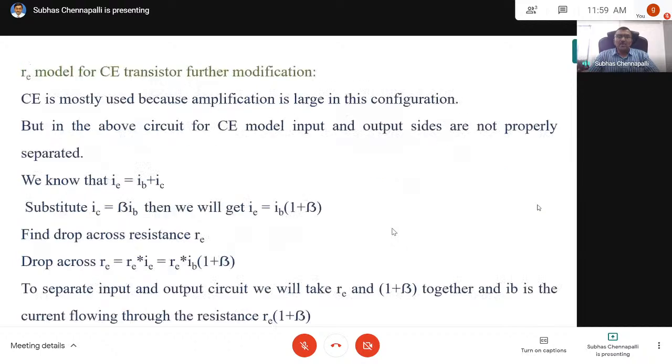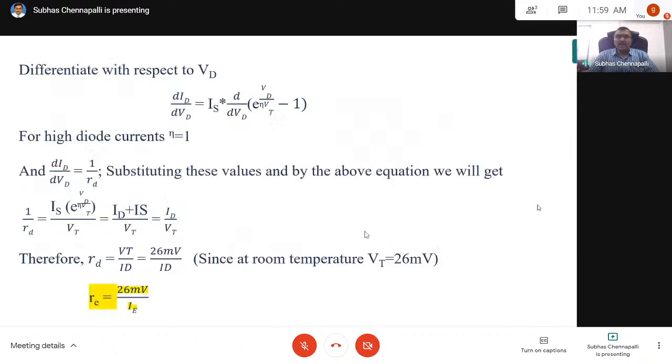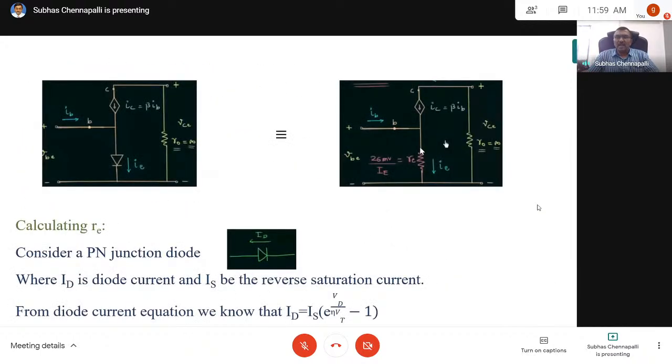The current flowing through this is IE. I want to bring this current source point here, so accordingly I have to find the equivalent.